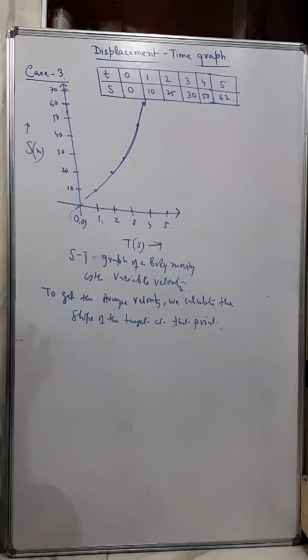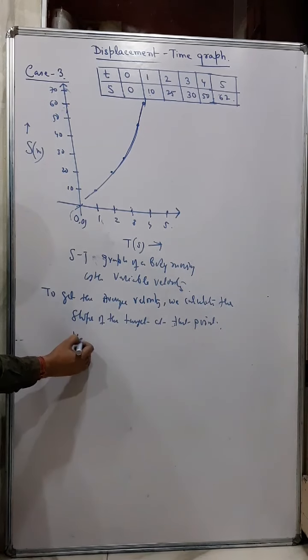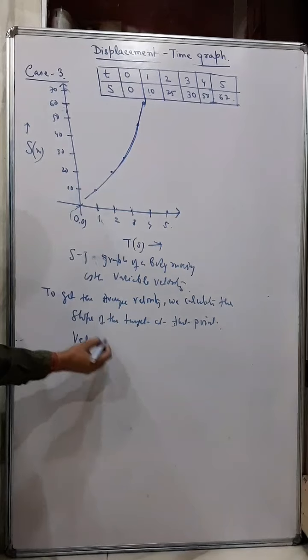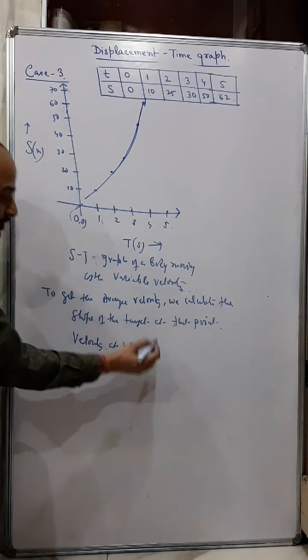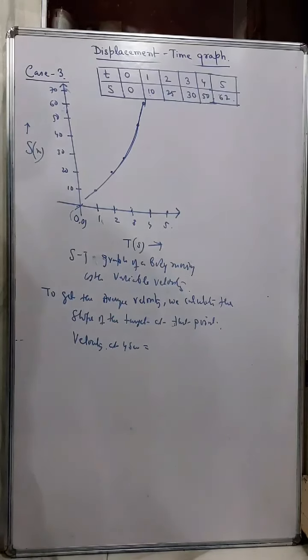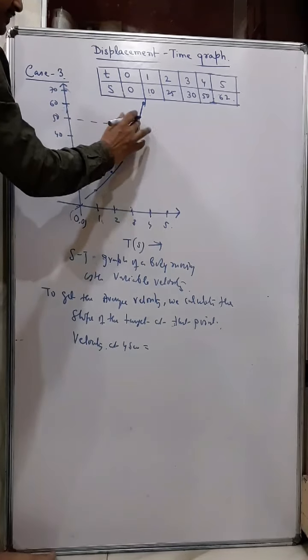Now suppose they have asked you the velocity at 4 seconds. So at 4 seconds, you can see this is 50.